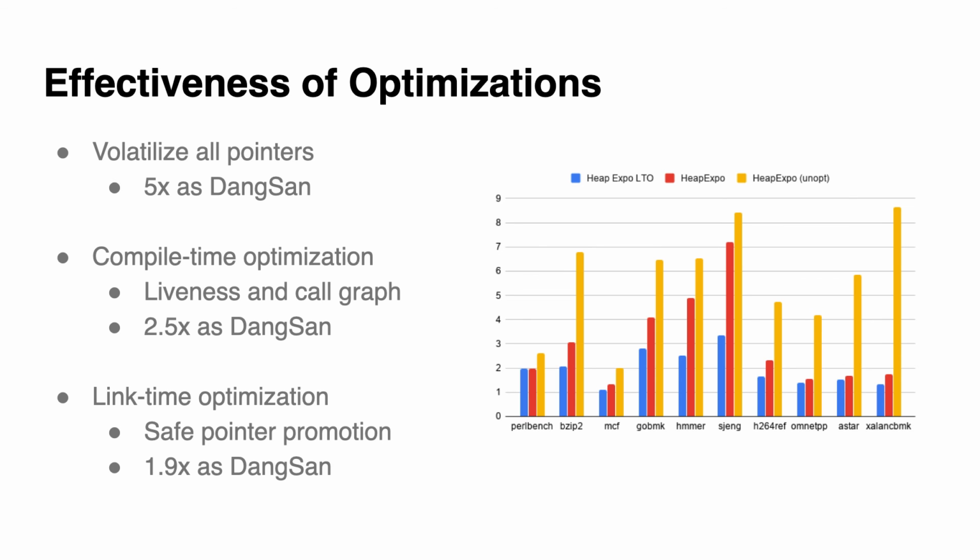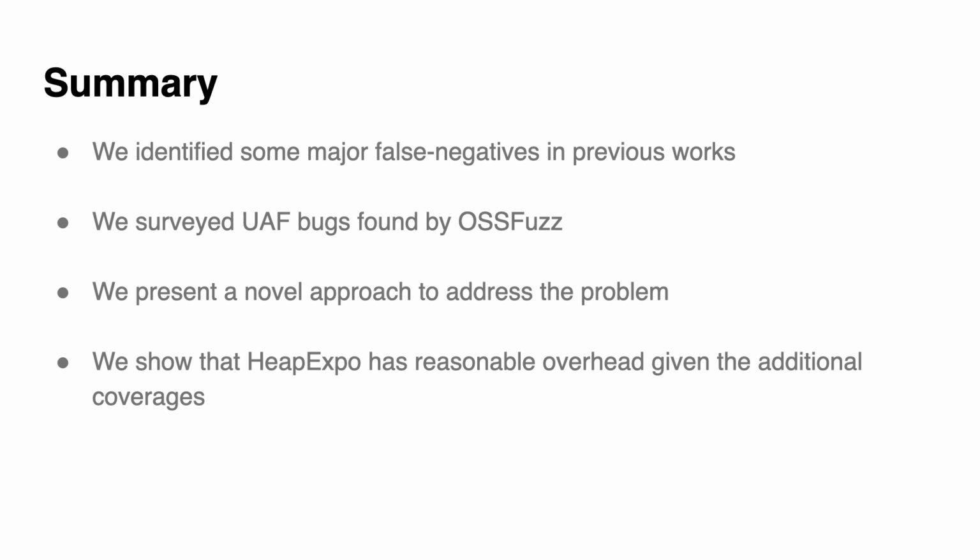With link time optimization turned on, we promote the safe pointers back. We will only have 1.9 times instrumentation as Dense. Therefore, we conclude that our optimization is very effective on reducing instrumentation.